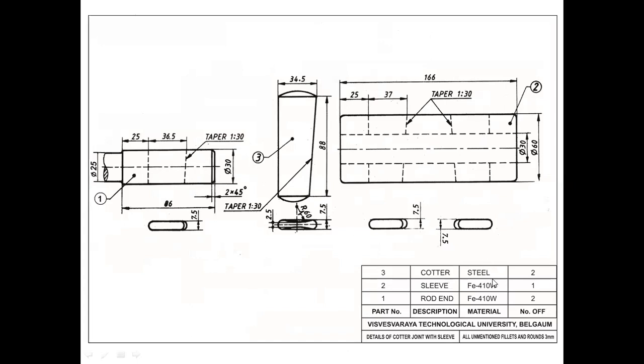Like the cotter is called two times, and even the rod end is called in the assembly two times. So the total will be five parts, or five times they are called, or five elements are there in the assembly drawing.